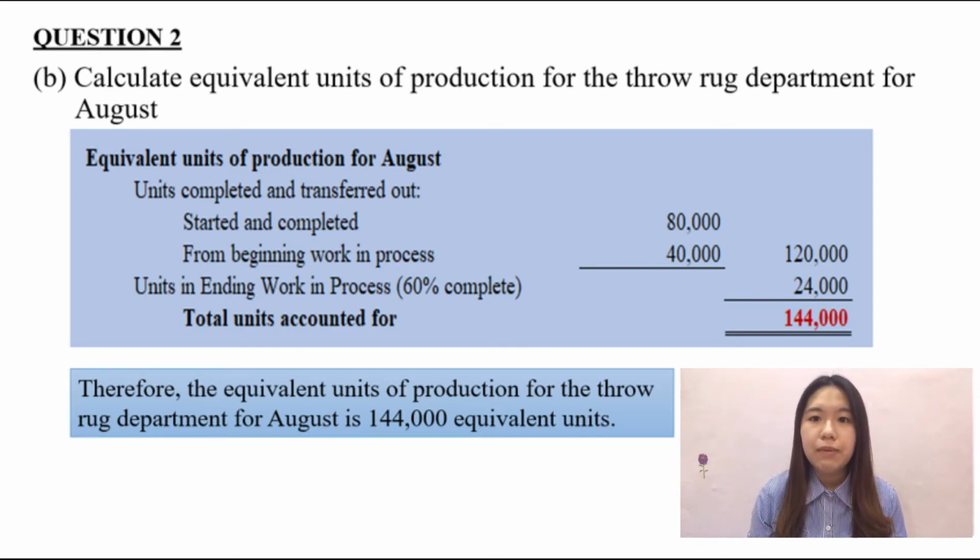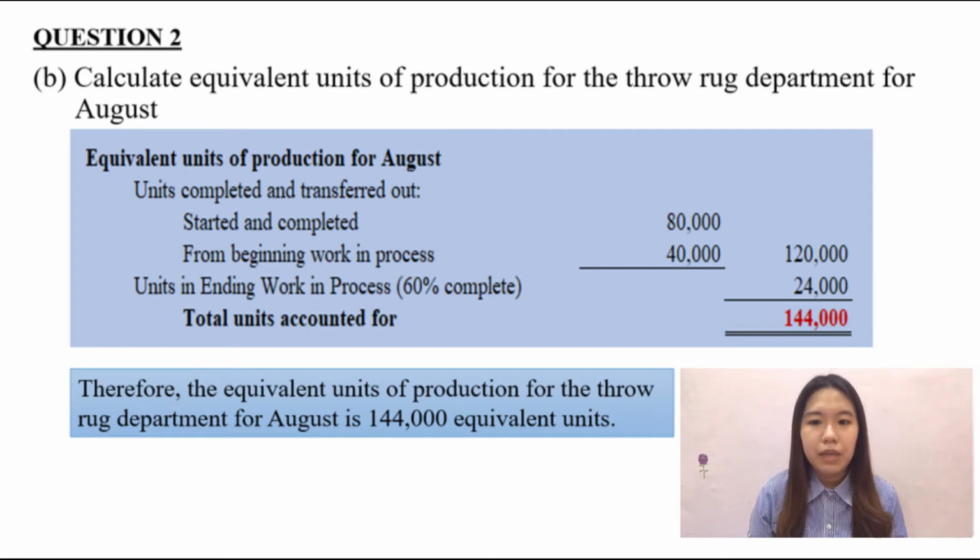The first step is to determine the units started and completed during the period, which is 80,000 units. The calculation for units started and completed was shown in the last slide, which is units completed minus units beginning work in process. Units started and completed of 80,000 units plus from beginning work in process of 40,000 units, so completed and transferred out becomes 120,000 units.